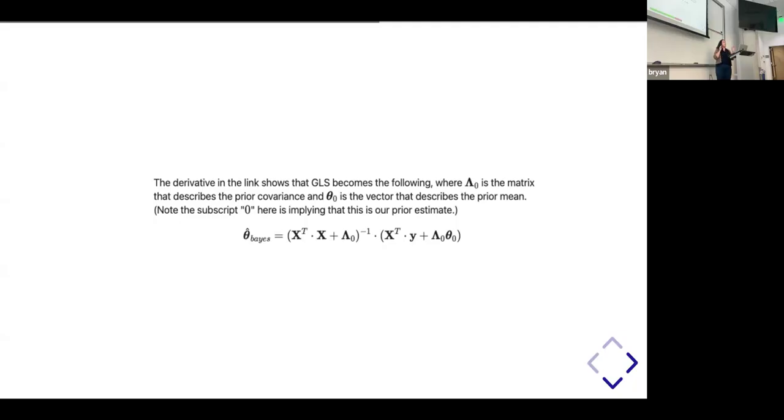It's a vector of the prior mean belief we have. If you think that all of your weights are probably close to 0, give or take 1, theta 0 would be all zeros, and this matrix is going to describe the prior covariance, and you're going to have it be 1 over that variance you expect. So it's going to be 1 over 1 across all the diagonals.